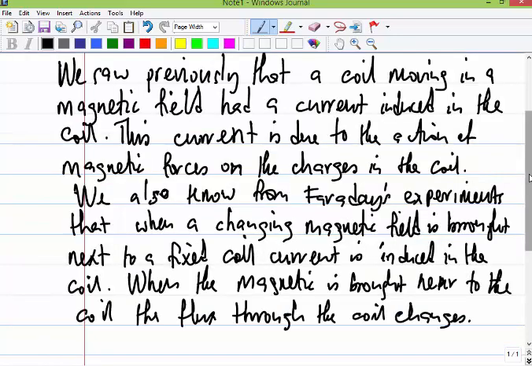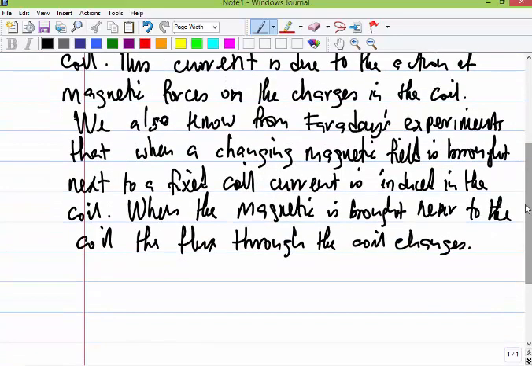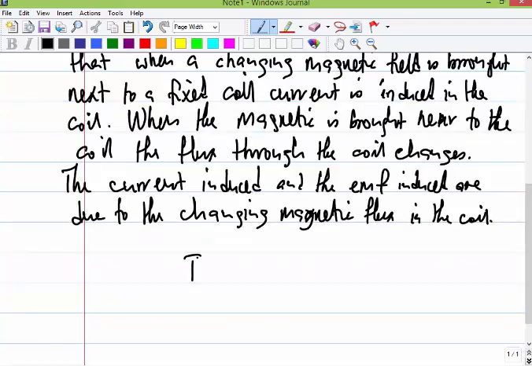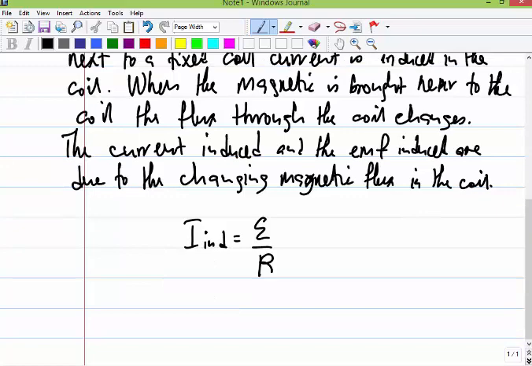So we can say that the current induced in this coil and its associated EMF is due to the changing magnetic flux. So I induced is equal to the EMF divided by the resistance of the conductor in the coil, and the direction of the current is given by Lenz's law.